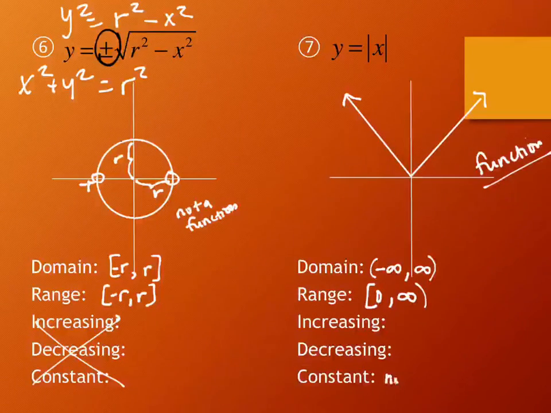Yeah, we haven't seen one that is, but none. How about the increasing and decreasing? For which one? Okay, so from the far left-hand side, negative infinity, until I get to 0, it's decreasing. So this is negative infinity to 0. And then from 0 on, it's increasing.